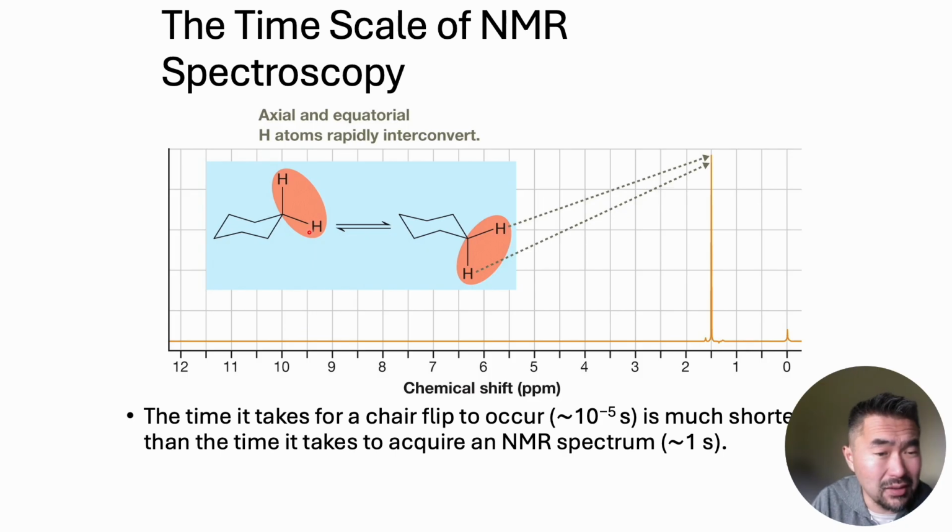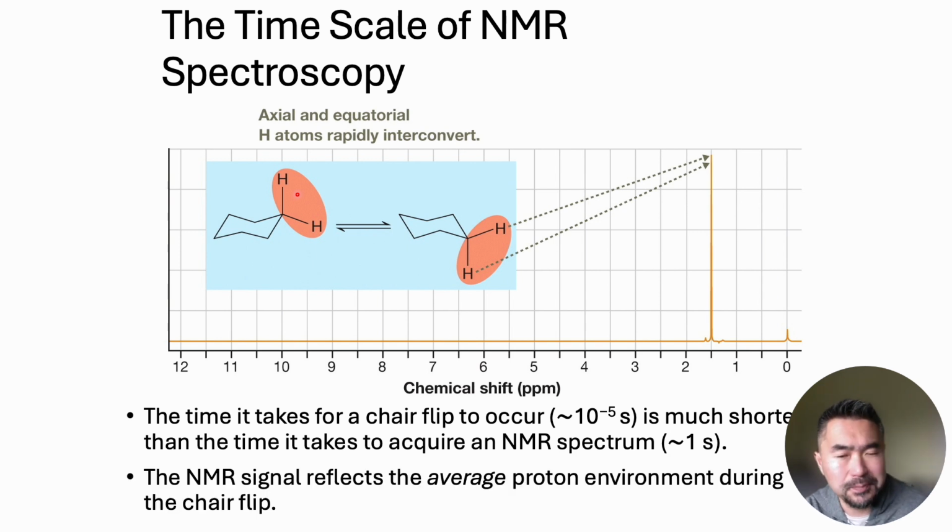It would be a different story if there's a t-butyl group here, then it's locked into one stable chair conformation, and then it will be different. But when there's a rapid chair flip, these two can essentially be equivalent within the NMR acquisition time. So often you just see the average of the two, if that makes sense.